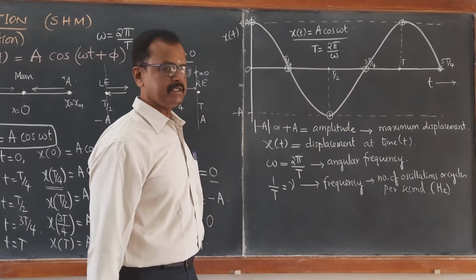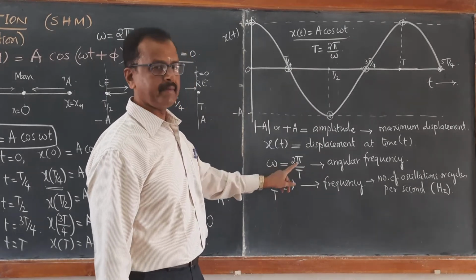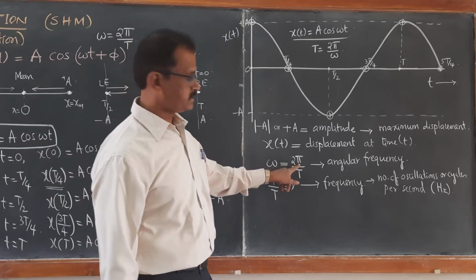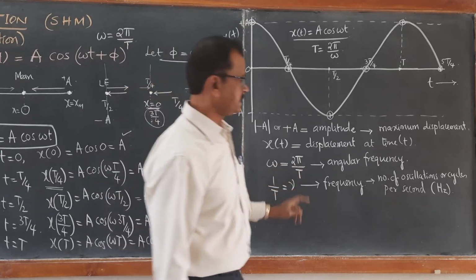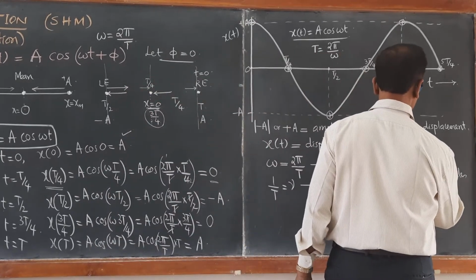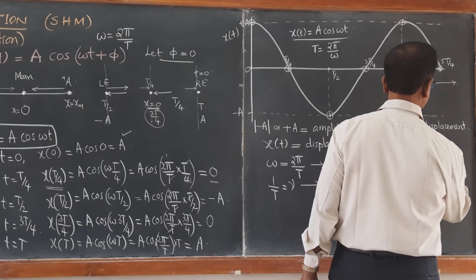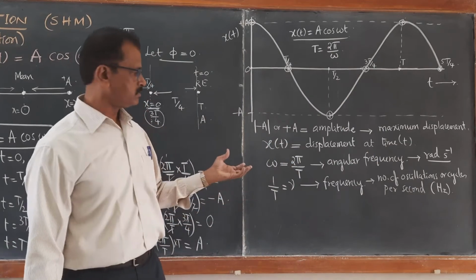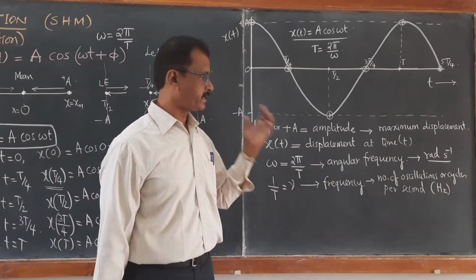And angular frequency is 2 pi by T. 2 pi is measured in radians, and T is measured in seconds. So it is measured in radians per second. Angular frequency and angular velocity are both the same, radians per second.